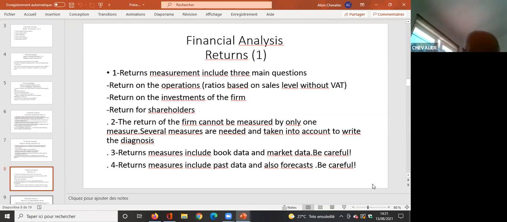If it is C and D, C can be market value and D market value, but not C market value and D book value. Homogeneity is one of the rules. This rule of homogeneity exists also for VAT. You cannot divide a number without VAT by a number including VAT, or the opposite. You have to divide a number without VAT by a number without VAT, or a number including VAT by a number including VAT.